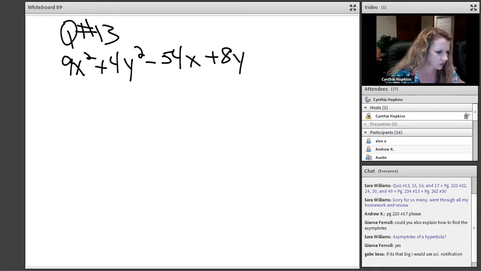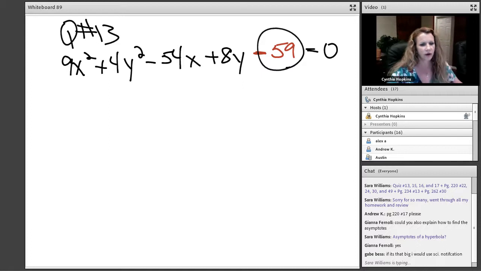Now, Sarah, I know in Mr. McKee's class, I don't believe he changed it, but the quiz originally said minus 49. I changed that to minus 59 because with the minus 49, you got really bad numbers. Okay, so I'm writing that in red so it stands out. And I had my students change it to that.